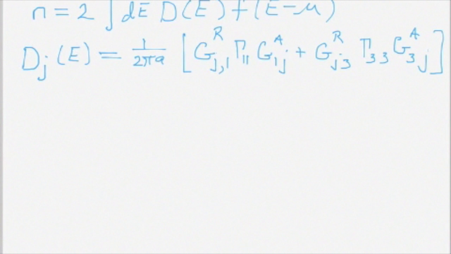And as part of the homework, you're going to show that this expression corresponds to exactly the 1D density of states that you get out of the tight binding dispersion. If you start with your tight binding dispersion, E equals epsilon plus 2t cosine Ka, and calculate the density of states from that expression, you'll see that you get exactly this. So that's part of the homework.